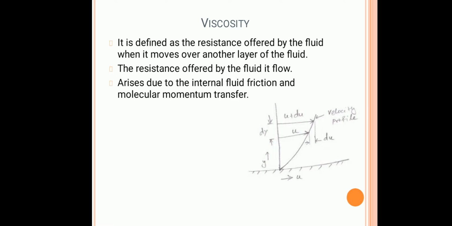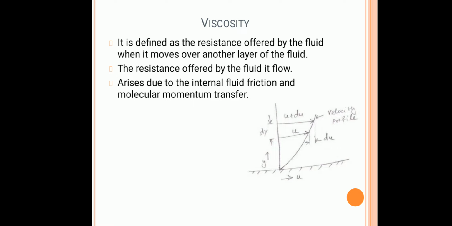Here I am taking a small distance dy. At the first layer, at distance y, the velocity is u. Considering the distance dy, the velocity there is u plus du. That means the previous layer velocity plus the velocity change due to the change in distance dy.